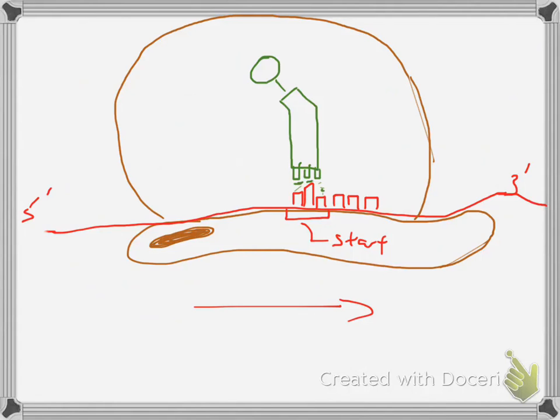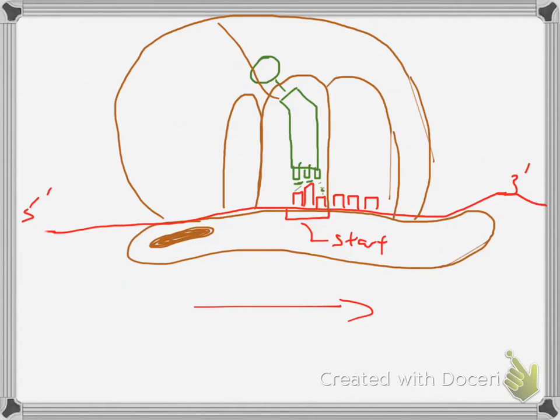Now if I think about this, I have my E site, I have my P site, and I have my A site. And coming out through here is this tunnel where we're going to see our protein be able to be held.